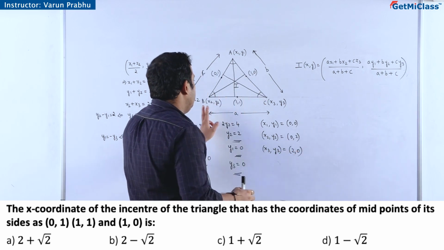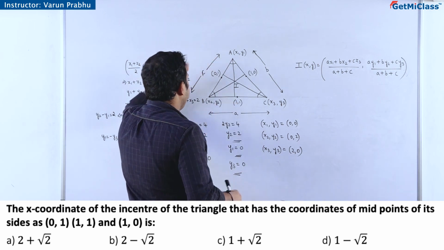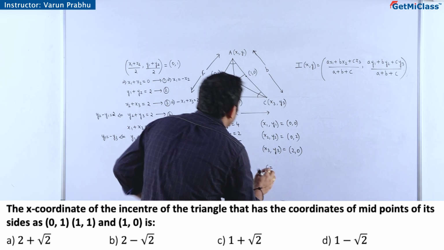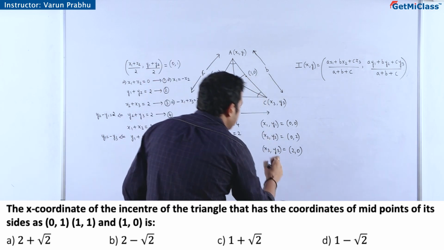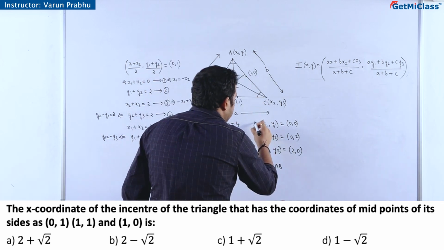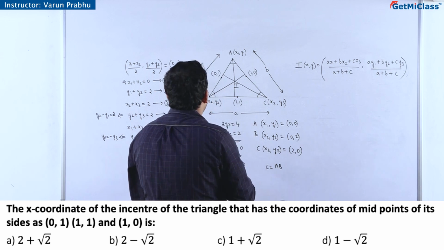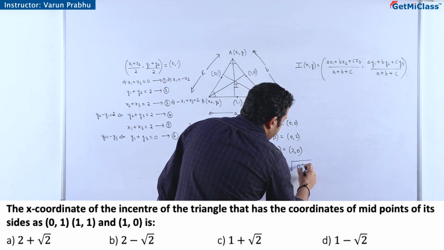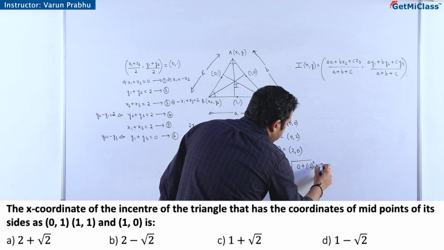Now you calculate the value of c. What is the value of c now? c is nothing but a distance formula here, AB. So this is a, this is b, this is c. The value of AB is equal to root of 0 plus (minus 2) the whole square, that is equal to 2.